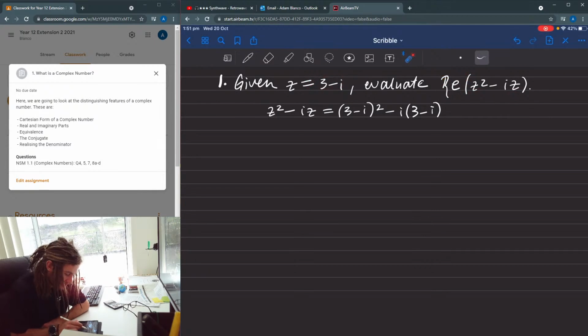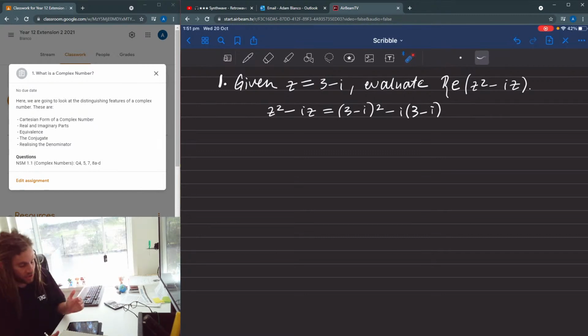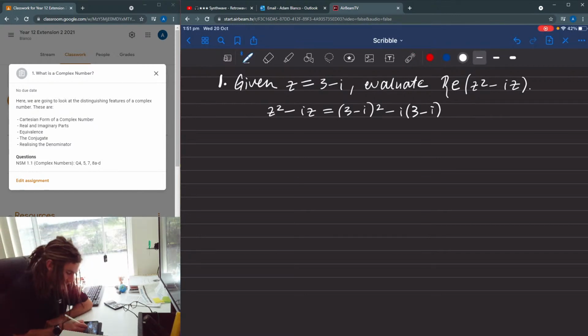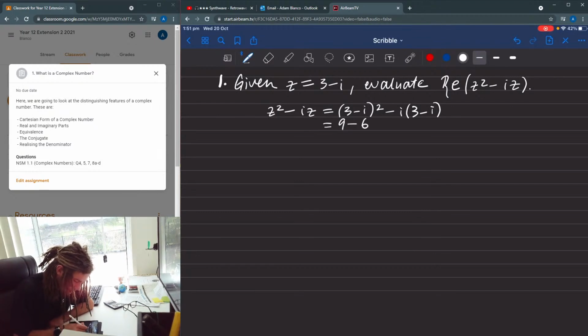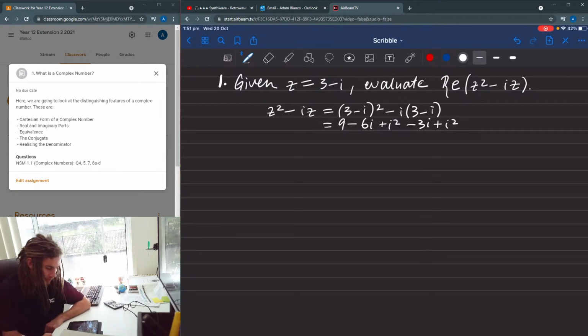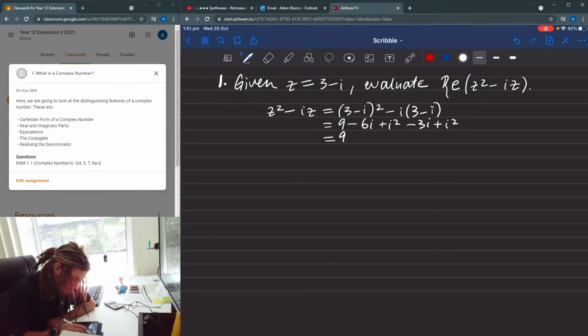Now I'm going to do that, and then at the end, I'm going to find out what the real part of my complex number that I end up with is. So let's just keep going. It's going to be 9, I'm going to do this kind of quickly, minus 6i, plus i squared, minus 3i plus i squared. I've got 9 there.